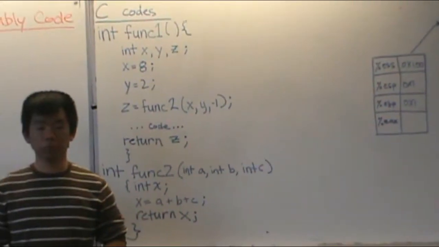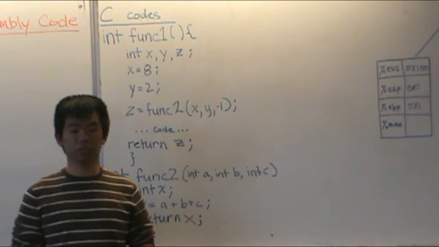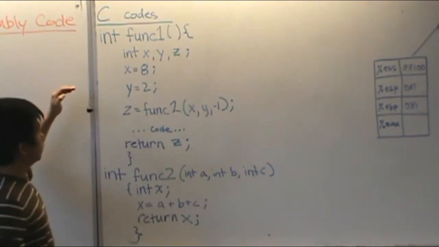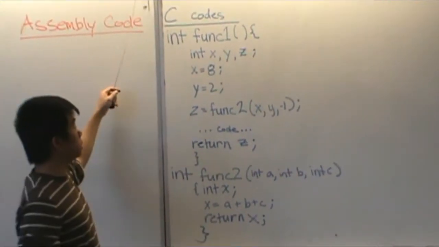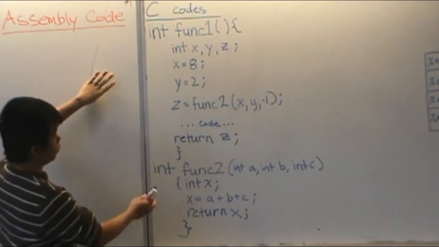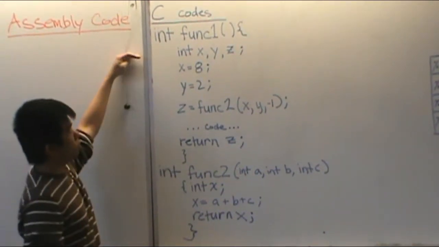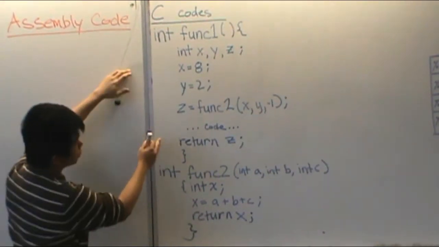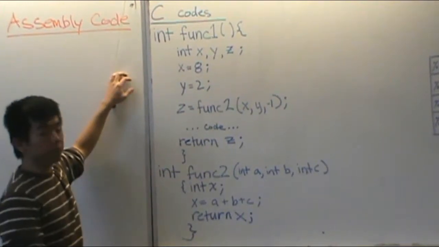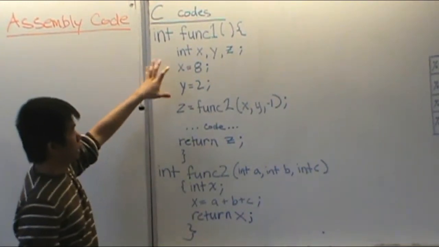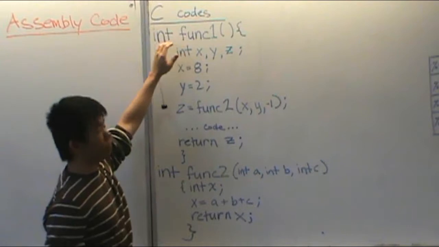Okay, this is an example for Lab 6. Here we have an example of C code with 2 functions. Function 1 will be the caller, and function 2 will be the callee. Notice that this is not the main function.